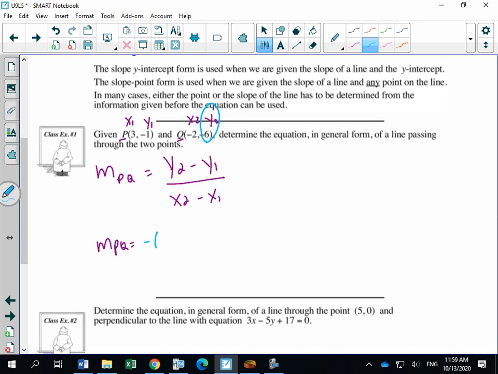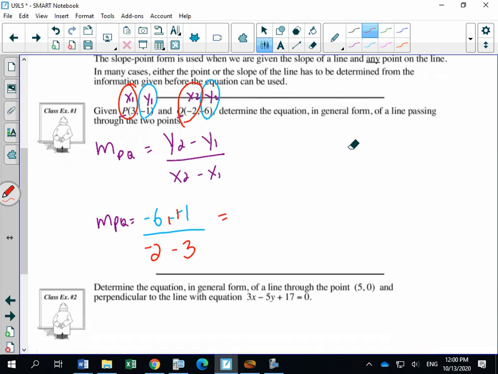So this would be -6 minus y1 is -1 all over x2, -2 minus x1 is 3. So 2 negatives make a positive.